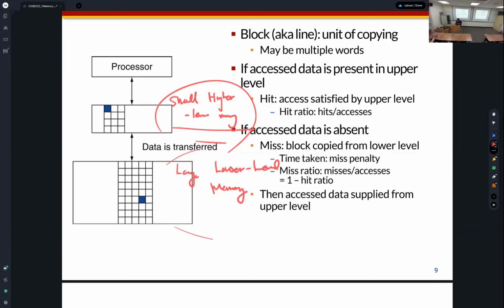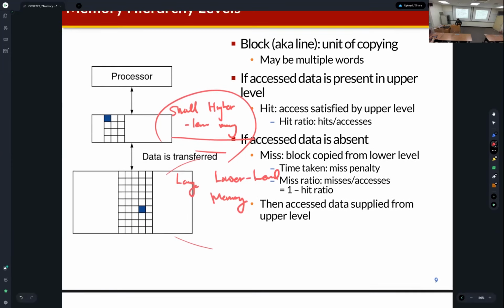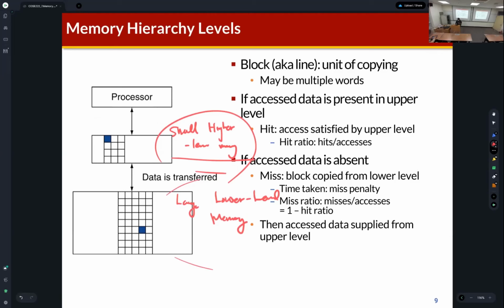So if a processor requests certain data with the load instruction, the load instruction requests data from the memory, and the processor first accesses the higher level memory, for example, cache. I frequently use this $ sign for cache because the pronunciation is the same, right?